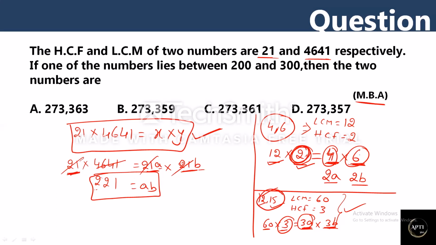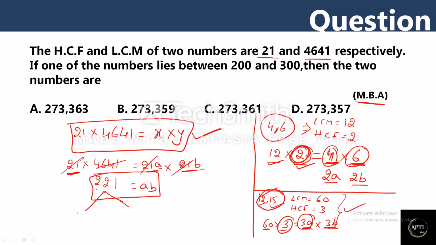I'm just checking how I can write the factors. Very simple. We just need to check divisibility rules. It is not divisible by 2, not by 3, 4, 5, 6, 7, 8, 9, 10, 11, and 12 also is not satisfied.